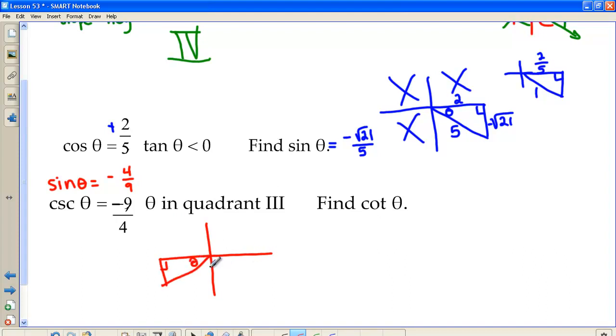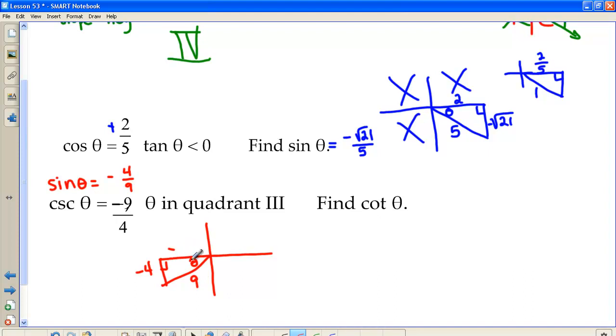Okay, so here it is. So my sine would have opposite 4, hypotenuse 9. The hypotenuse, by the way, will always be positive because it doesn't have left or right, up or down direction. So we have to go with positive for that hypotenuse.